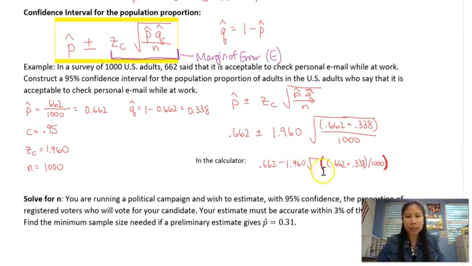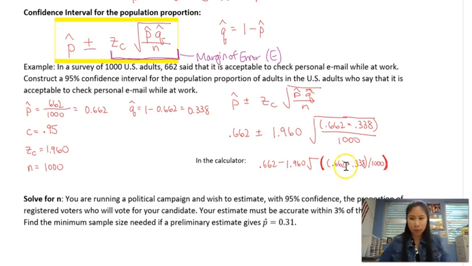Minus 1.960, square root, and then the non-updated versions of the calculators give you a parentheses first. Then I add in a second parentheses to do the 0.662 times 0.338. End that parentheses, because that's all the stuff on top, divide it by 1,000, and then end that parentheses to match the one from the beginning.